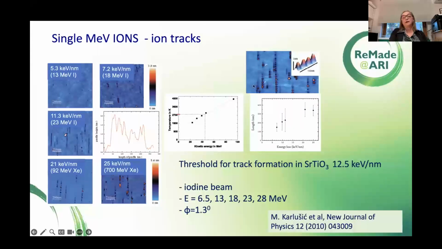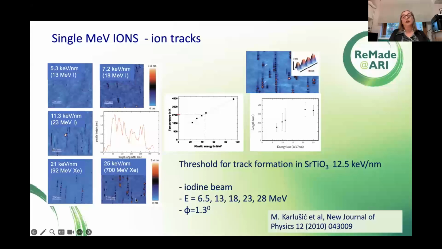And we found the threshold needed for production, and that this threshold is around 12.5 keV per nanometer, which is then something like 23 MeV iodine ions. They deposit enough energy to make permanent ion tracks on the surface of the material.